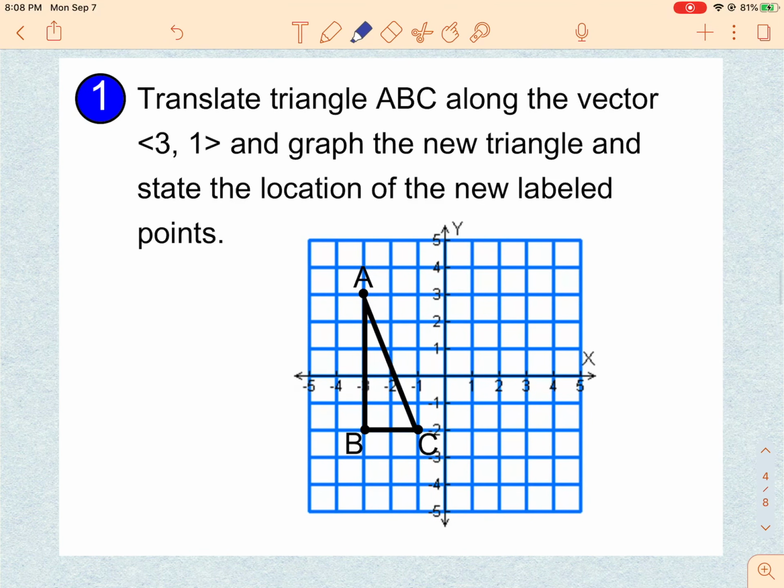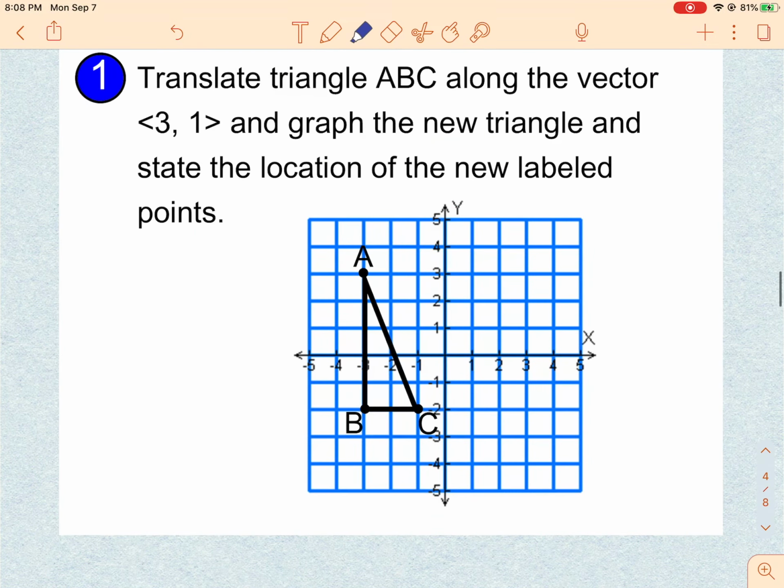So if we want to translate this triangle ABC along the vector 3, 1, we want to plot the new triangle and then label the new points. So 3, 1, remember this number is telling us if we're going right or left.